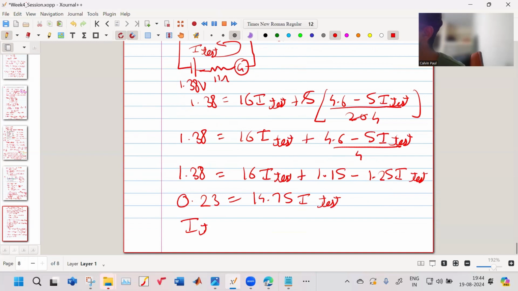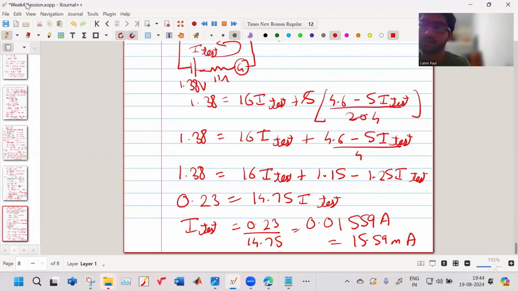So your I test becomes equal to 0.23 divided by 14.75. That becomes equal to 0.01559 ampere or 15.59 milliampere. Okay.